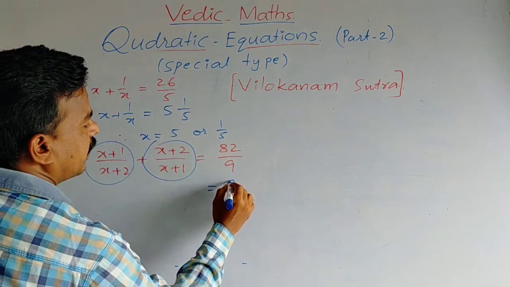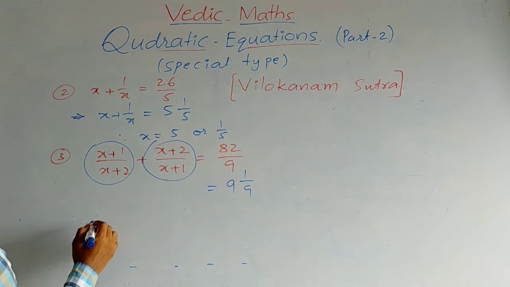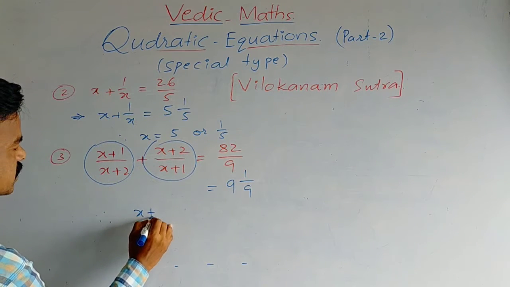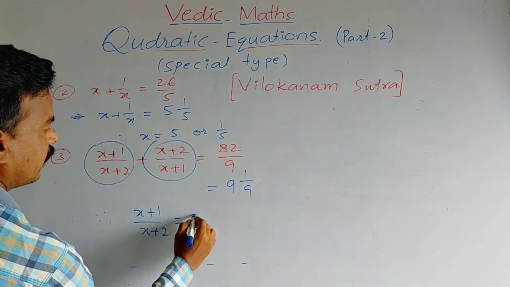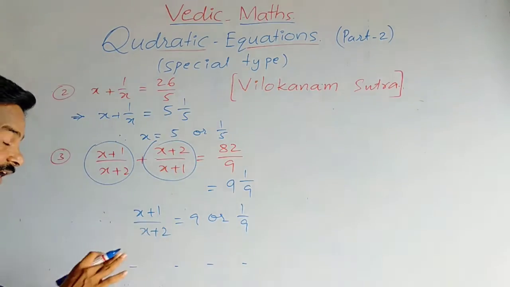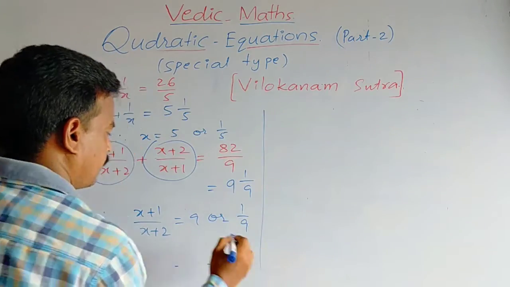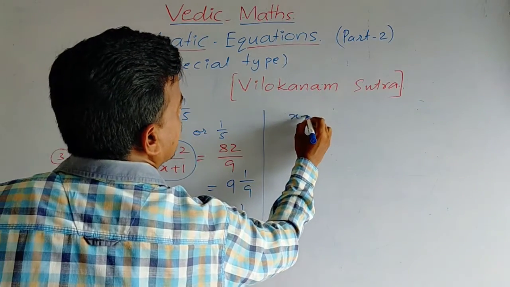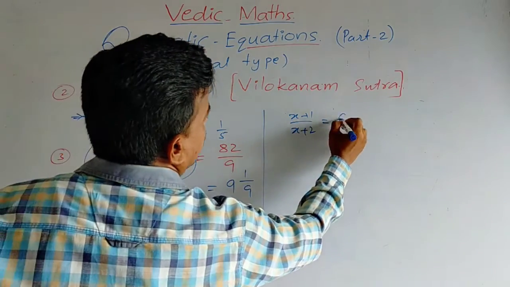Okay, this implies we can write 82 by 9 as 9 whole 1 by 9. Therefore we can write x plus 1 by x plus 2 is equal to 9 or 1 by 9. That's it. But the x value has not come until now. In the first case we take x plus 1 by x plus 2 is equal to 9.